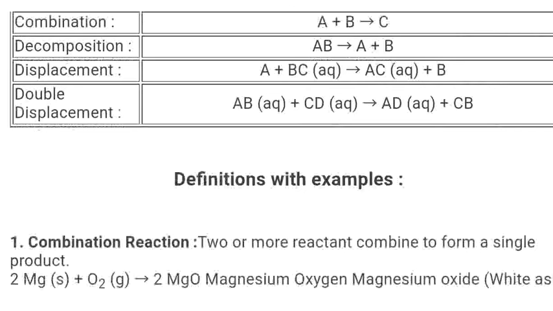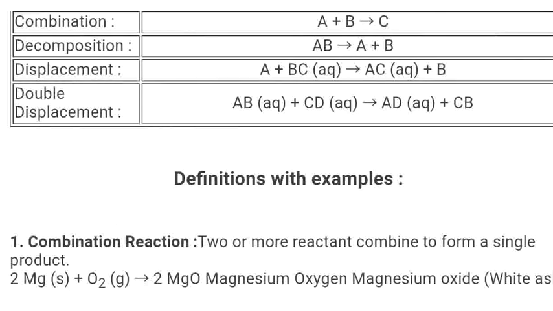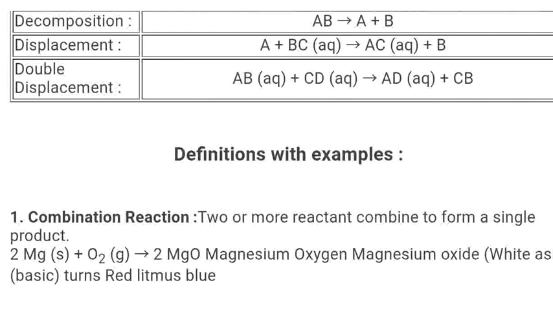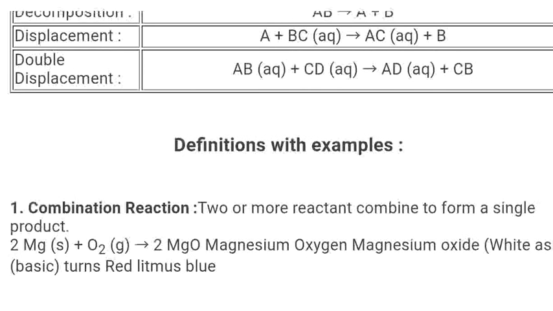What is displacement? When one substance displaces another substance which is combined with a third substance, and combines with the substance it replaces, it is known as a displacement reaction. As you can see, A plus BC: now A replaces C from B and combines with B. So this is a displacement reaction. The next one is the double displacement reaction. What happens in this type of reaction?